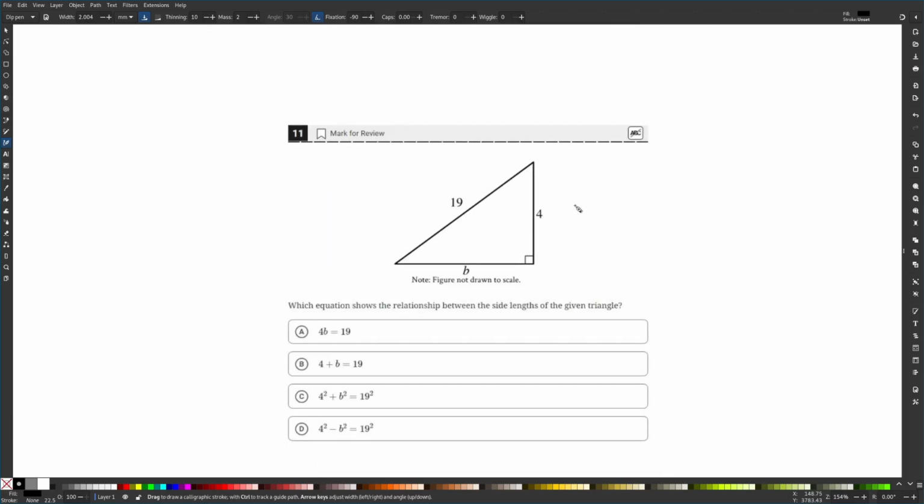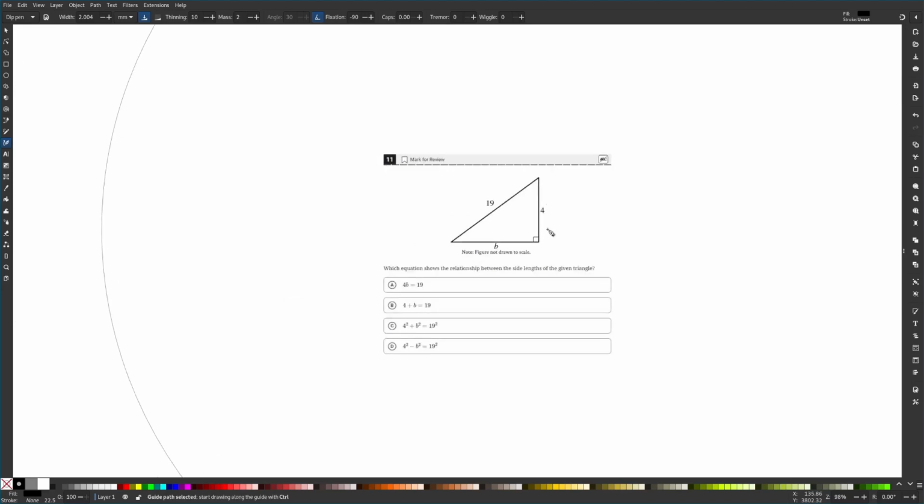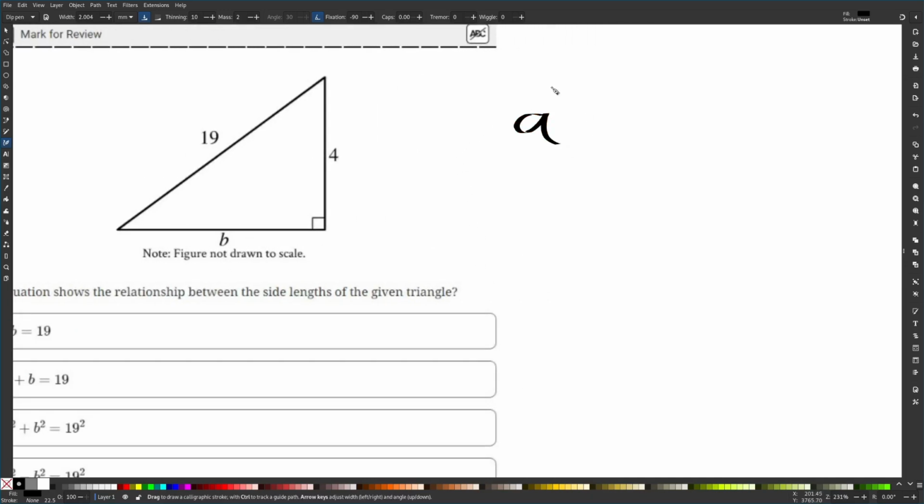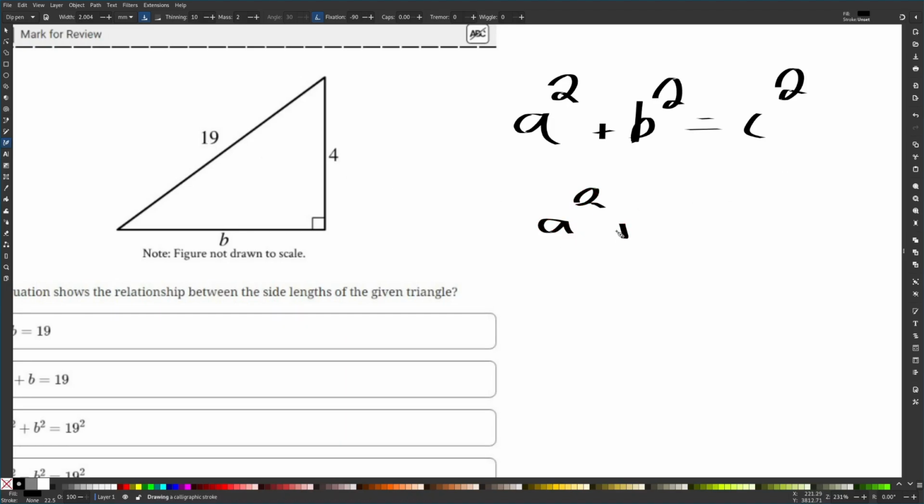Okay, which equation shows the relationship between the side lengths of the given triangle? This one requires the Pythagorean theorem, which you should remember as a squared plus b squared is equal to c squared. It doesn't matter what a and b are, it just matters that c is the longest side. So a squared plus b squared is equal to 19 squared. Let's see which of these have 19 squared.